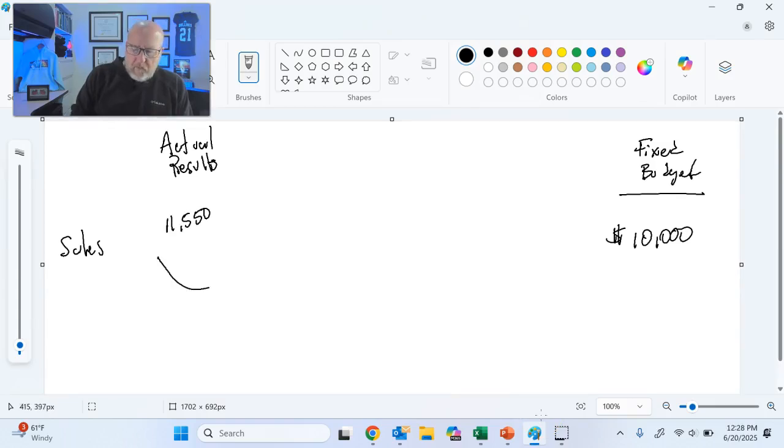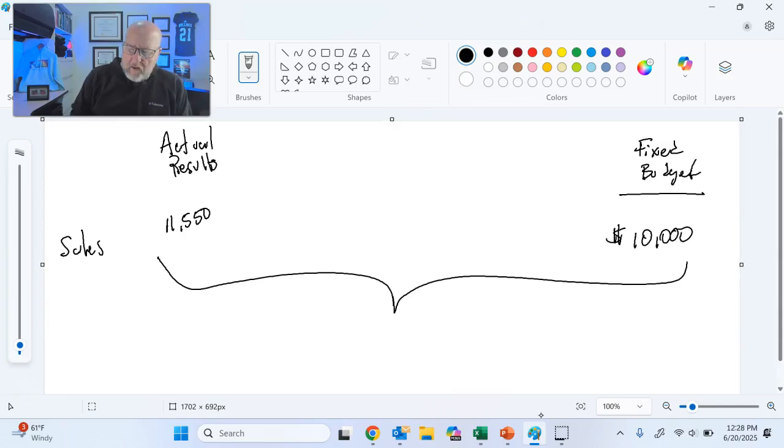And therefore, we exceeded our budgeted amount by 1,550. And it's a favorable variance, right? Because our budgeted amount was 10,000 and our actual sales was 11,550.